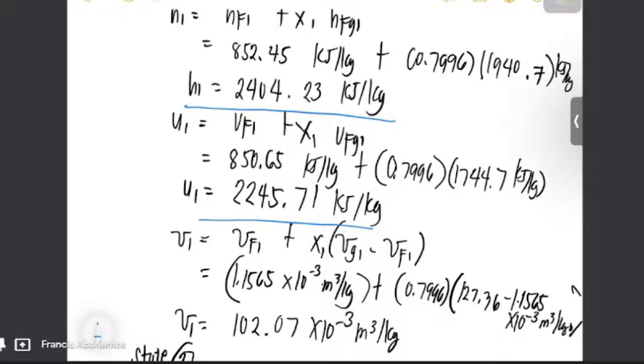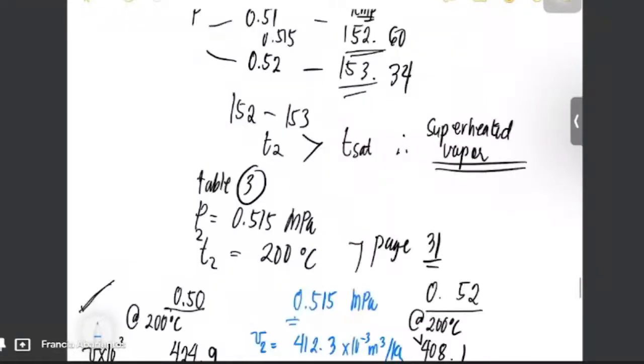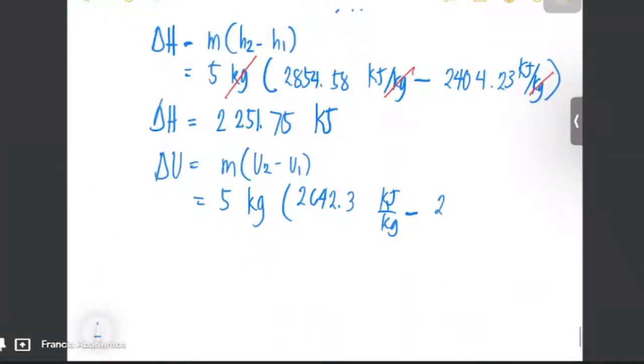Bakit kinuha natin yung specific volume? Anyways, pag kailangan sa problem. Okay? So, 2245.71. Ang bilis nyo kasi.